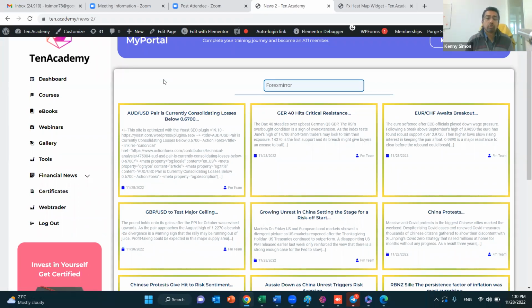So this is where we start off, with the news section. As you can see, when you click onto one of them, it gives you more detail of the current news, and you can have a read.